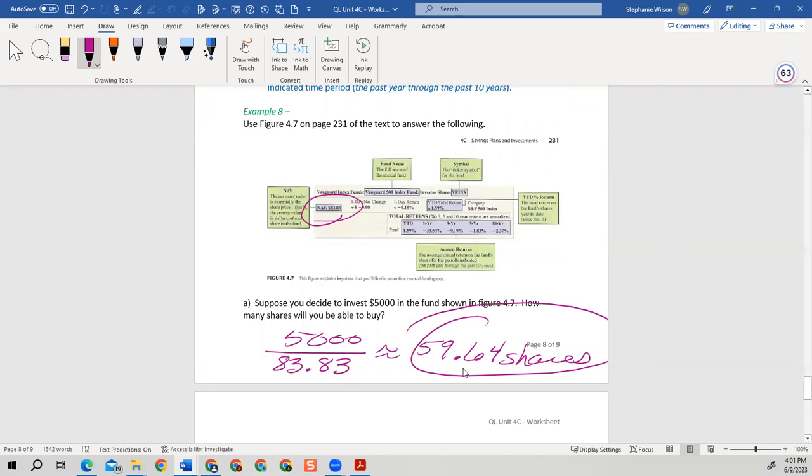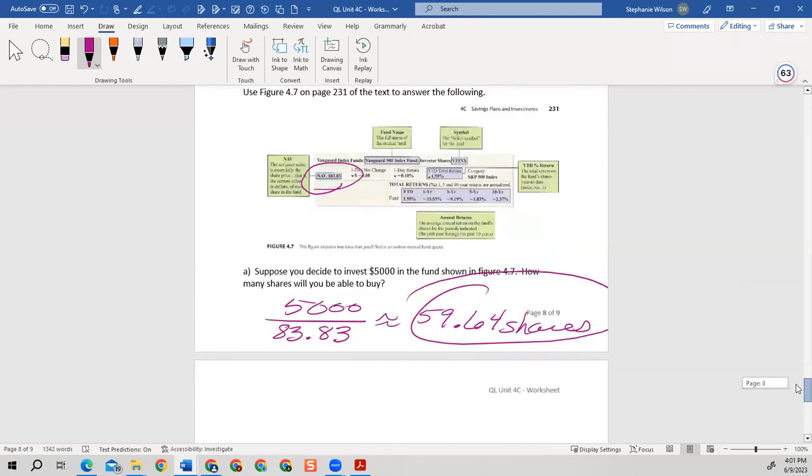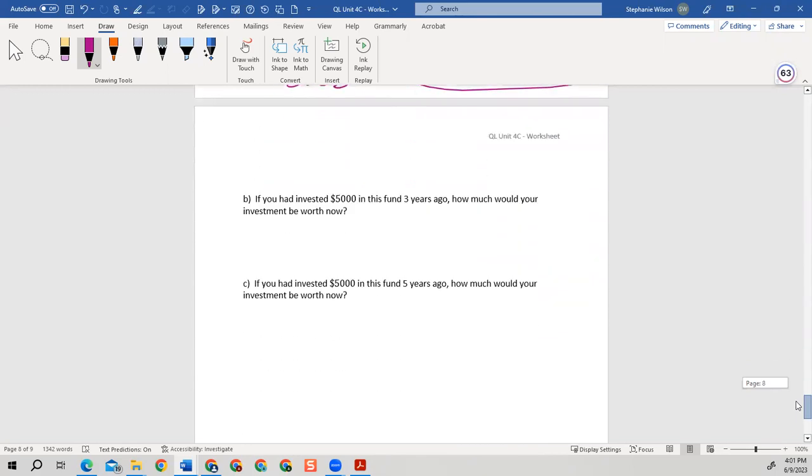Now we're going to use this again, so I'm going to scroll back and forth. It says that if you had invested $5,000 in this fund 3 years ago, how much would your investment be worth now? So what I'm going to do is say, okay, I got my formula because this is a different type of question.